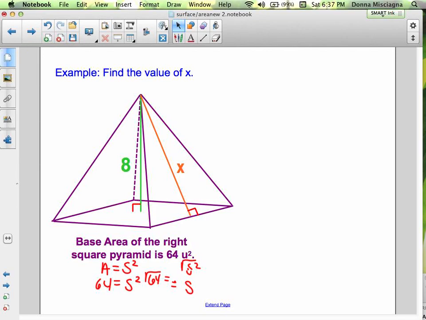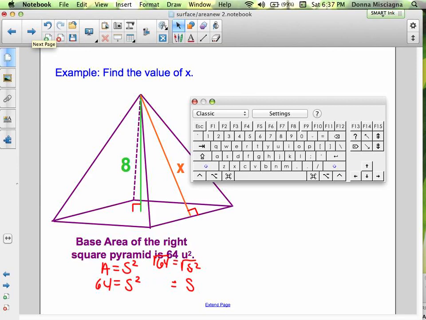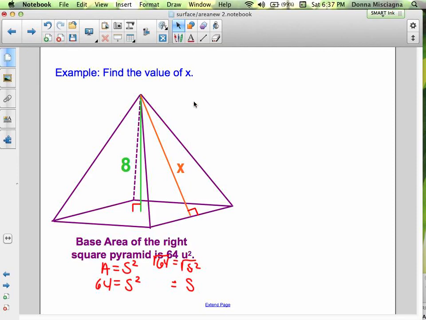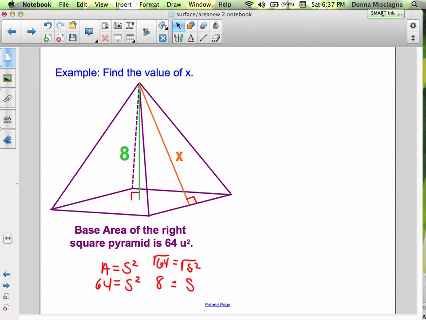Can I? There we go. Yeah, let's fix that x, because it looks weird. I don't know how I brought that up. Didn't touch anything. It just comes up. All right, so now we have 8. All that work just to get an 8. And now, can I move this up a little? My writing is right over, there we go.